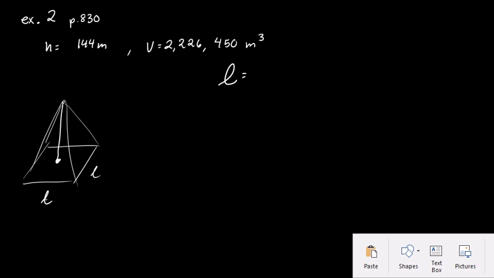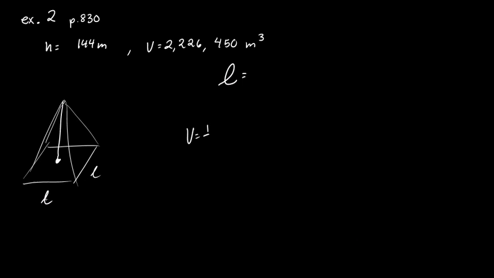So in my formula, volume equals 1/3 area of the base times the height. I don't know the area of the base. However, I do know 2,226,450 meters cubed goes on the left side. Substituting that in for volume, I've got 1/3 times the area of my base times my height.